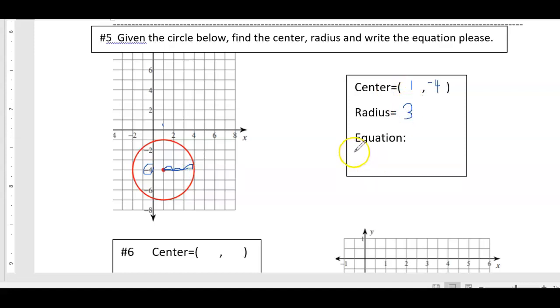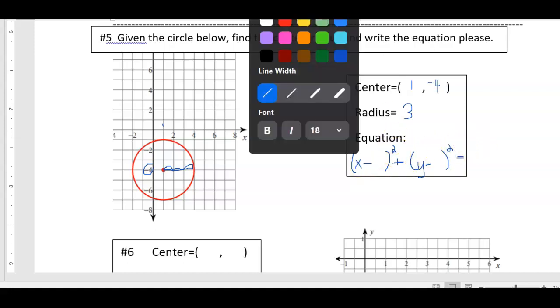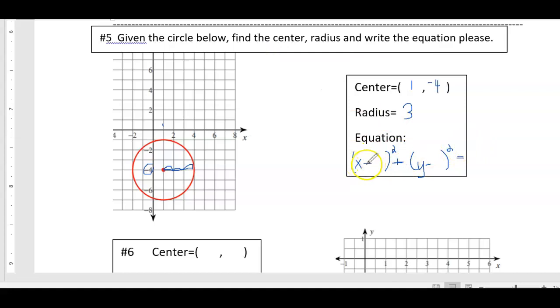Then I write my equation. And remember, your equation always has your x minus, right? So you just write this part, squared, and plus y minus k, squared equals my radius squared. So my h is 1, so x minus 1.